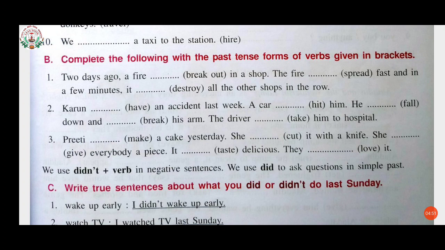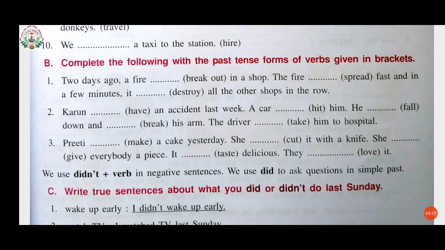So 2 days ago a fire broke out. That break will change to broke and out will be same. So 2 days ago, a fire broke out in a shop.